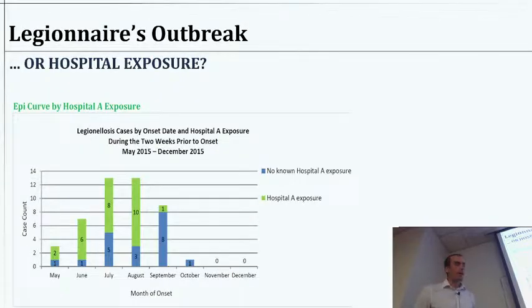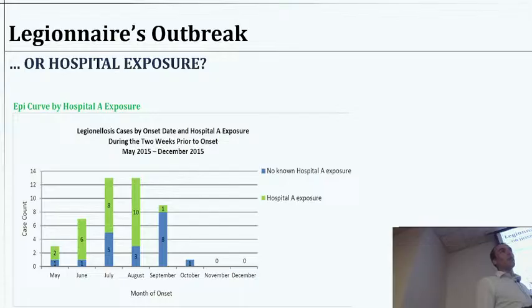Okay, last slide here. The blue is no known hospital A exposure, and the green is hospital A exposure. So you can see why I'm saying it's very likely that hospital A was at least part of the problem. Now, it's also true that this only became a big problem when the Flint River water switched, right?